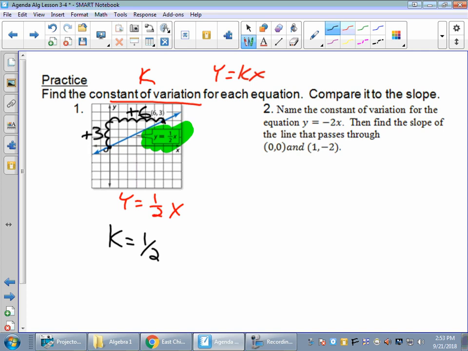So for our slope, we had a slope of 3 over 6. Obviously, we can reduce that to 1/2, or 1 over 2. So you notice our slope would also be 1/2. So a key point here is that k and m are the same measures.